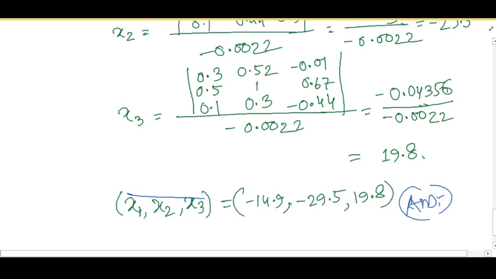Only the calculator can give you the determinant of a 3 by 3 matrix directly. Unless you use a calculator, it will be difficult for you to solve this, and that's why even a 3 by 3 matrix is a very tough task for you.